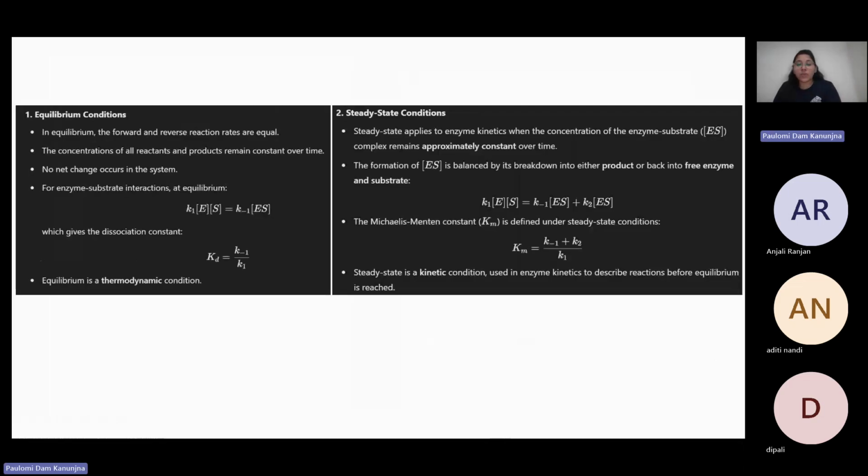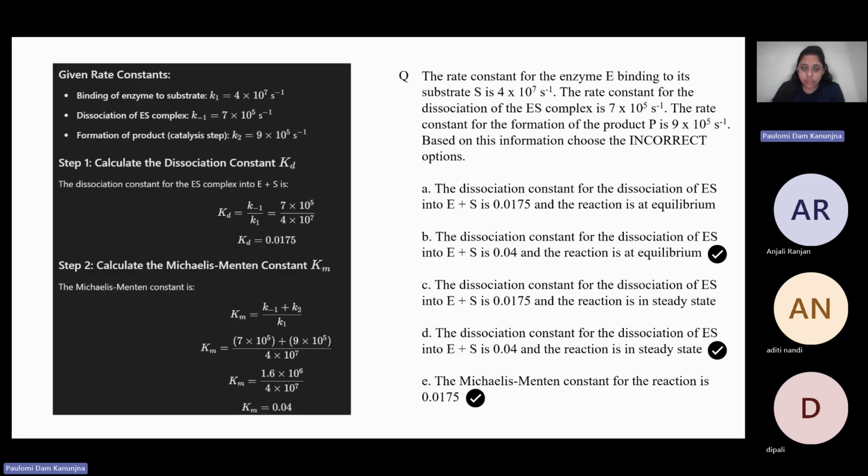So let's look first at what we mean by equilibrium conditions. The Michaelis constant defined by KM is Kf plus K on, okay, substitution given value. Are you saying you're getting different values? What looks different to you here?